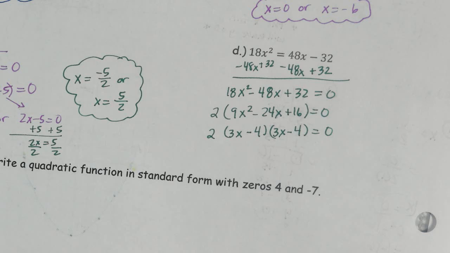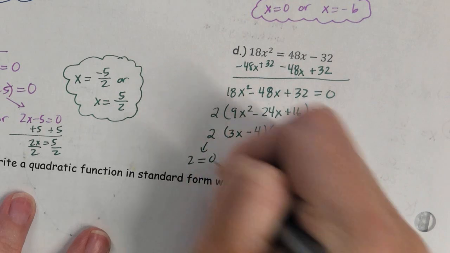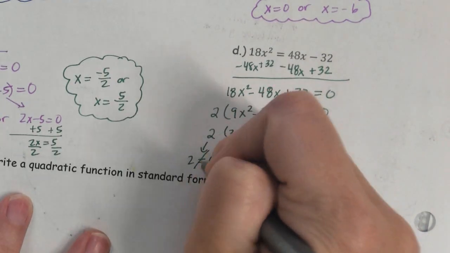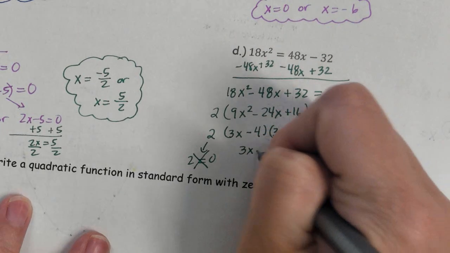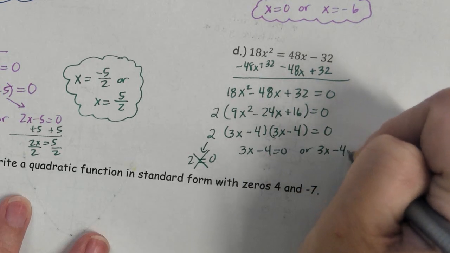And then really from here, there's a couple different ways you could do it. You could write it as like a square, and you could go from there. If you split these up, if you had 2 equals 0, can you solve that? No. So this is not a solution. For each one of these are the same, right? So you have 3x minus 4 equals 0, or 3x minus 4 equals 0.